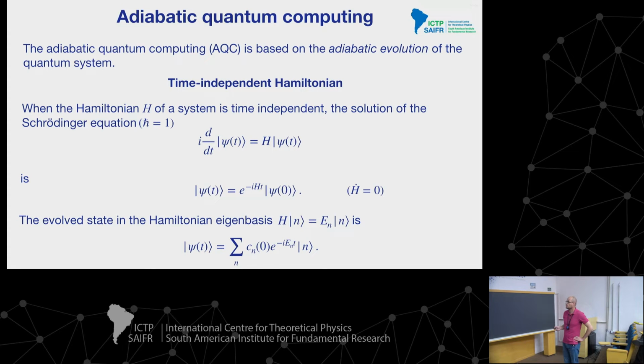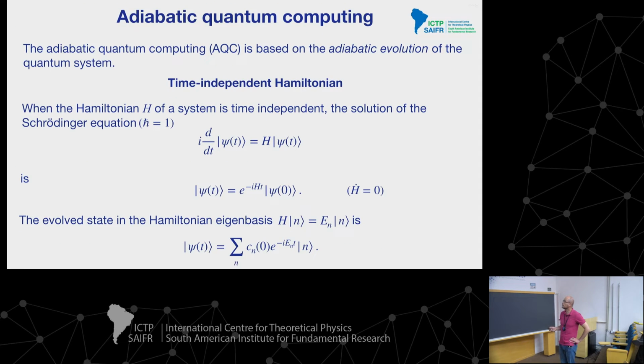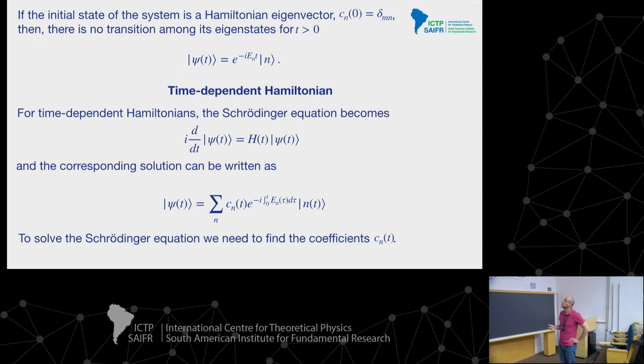This is very basic in a course of quantum mechanics. If you choose as initial state just one of the eigenstates of the Hamiltonian operator, then your coefficient here will be 1, and you'll find the solution. This means that the only time dependence of these states is in the phase here, while this eigenstate doesn't depend on time. So the solution is quite simple.